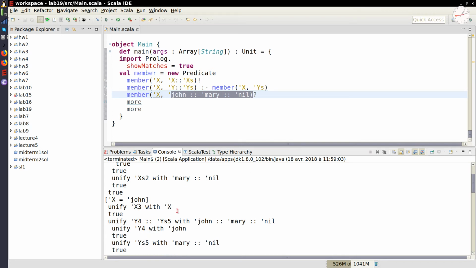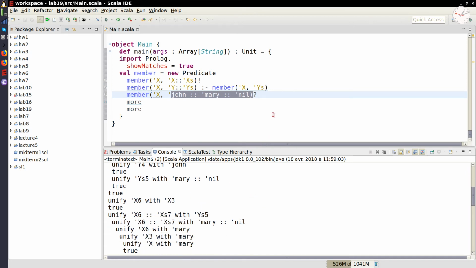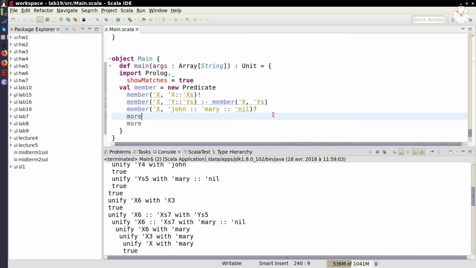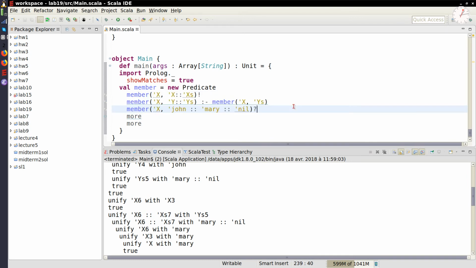So the point that I wanted to make with this little exercise is that all Prolog does is unification. Then for the goals on the right-hand side, it does them all in sequence, and whenever you have a choice point, it tries them all. Those are the things that you need to know about Prolog to understand what it does internally. And it's of course not super helpful to know that to solve an actual problem.